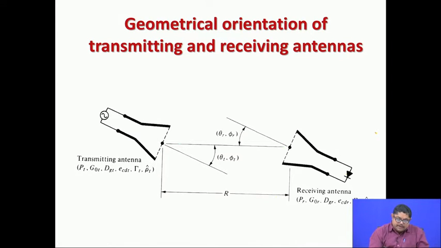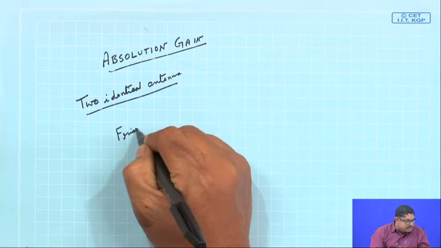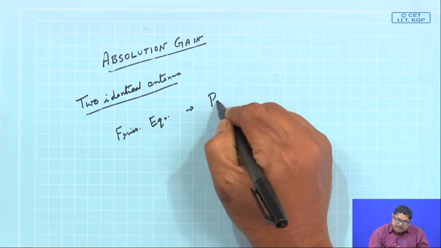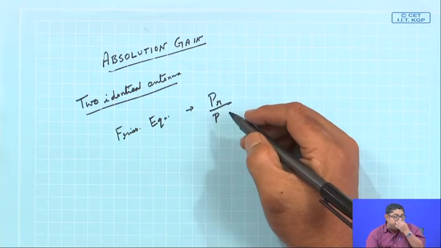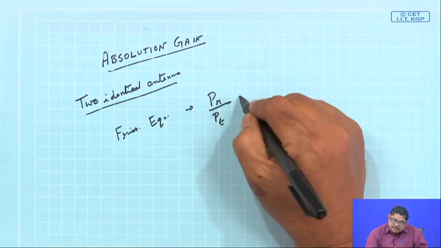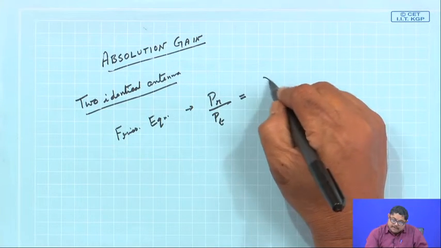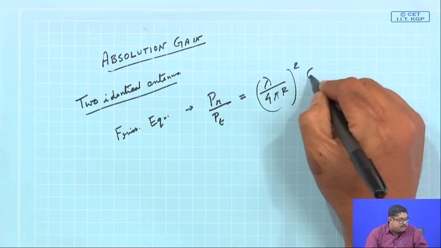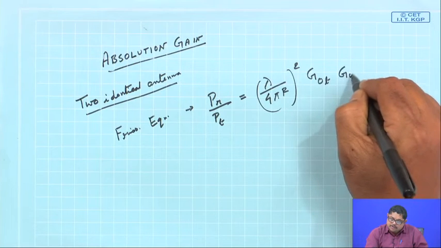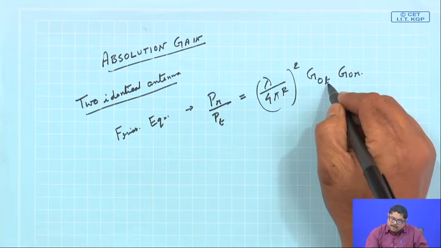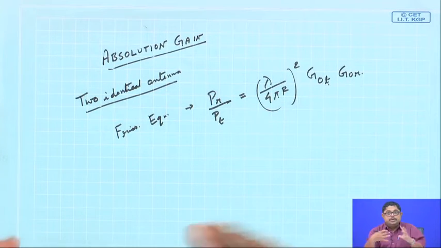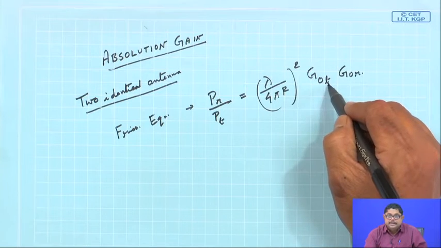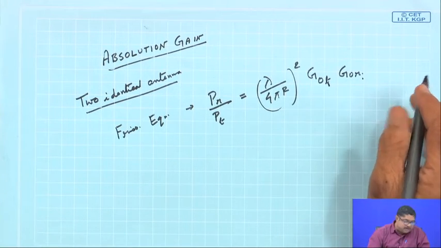From the Friis transmission equation we have seen that PR by PT, the received power by the transmitted power, has the relationship (4 pi r)^2 G0T G0R, where this is the maximum gain. So, this is all aligned. Now, this is the transmitting antenna's gain, and this is the receiving antenna's gain.